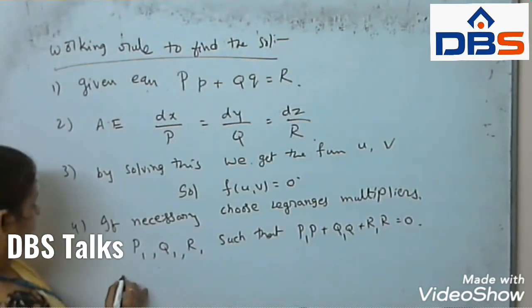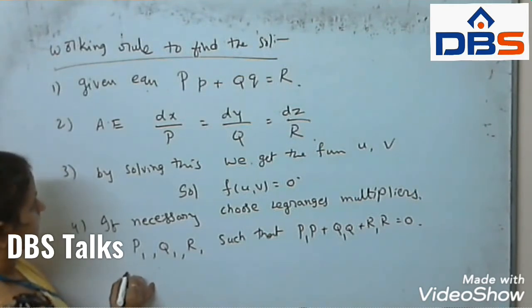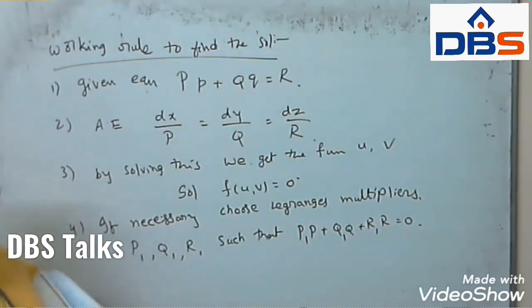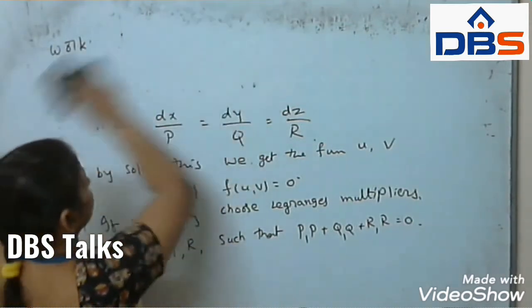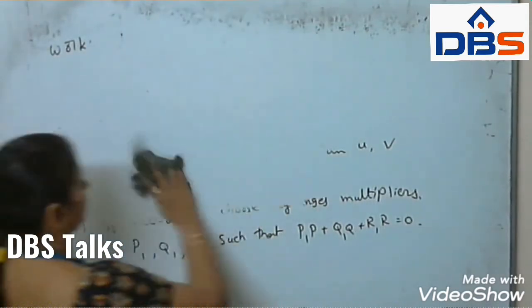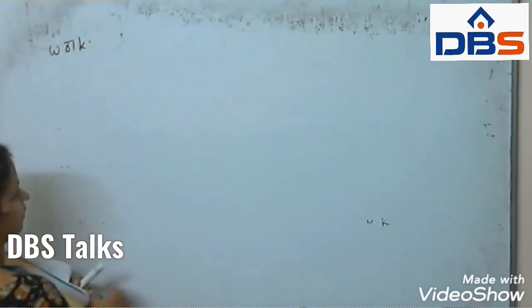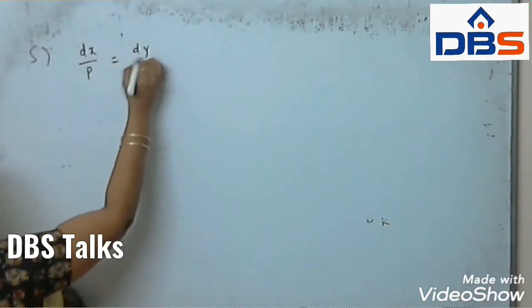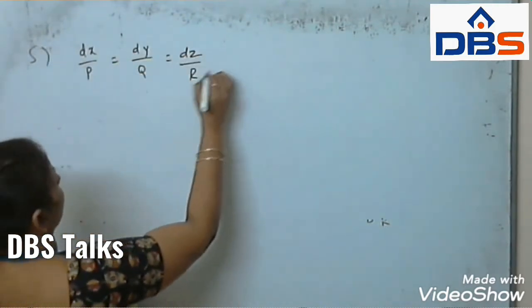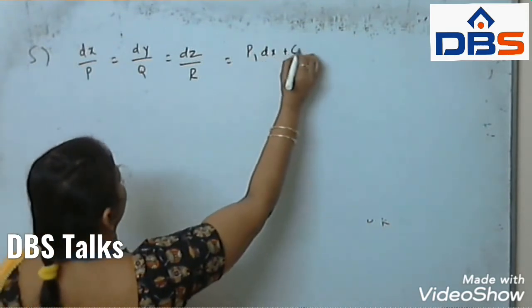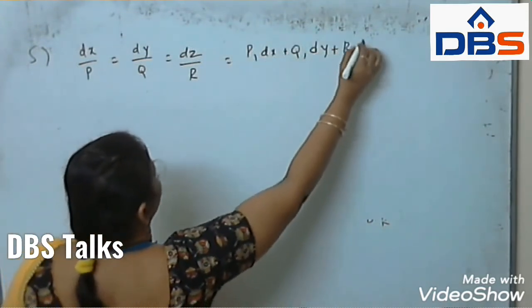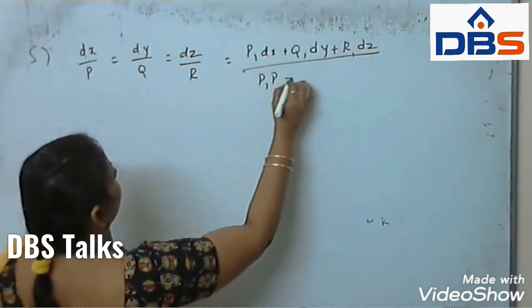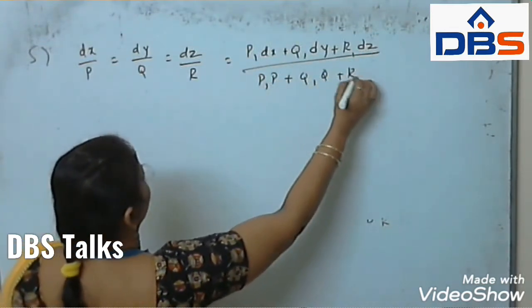Then the auxiliary equation can be written as dx/P equal to dy/Q equal to dz/R equal to (P1 dx plus Q1 dy plus R1 dz)/(P1P plus Q1Q plus R1R).